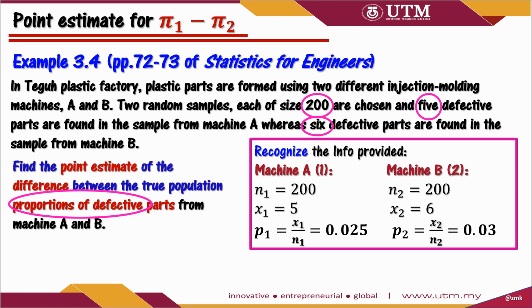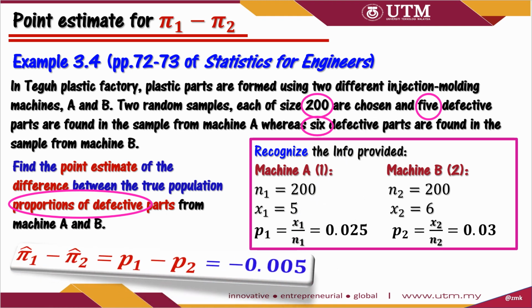Hence, the point estimate for the difference between the two unknown population proportions of defective parts from the two machines, that is, the estimate of pi1 minus pi2, written as pi hat 1 minus pi hat 2, is p1 minus p2, given by 0.025 minus 0.03, which is negative 0.005.